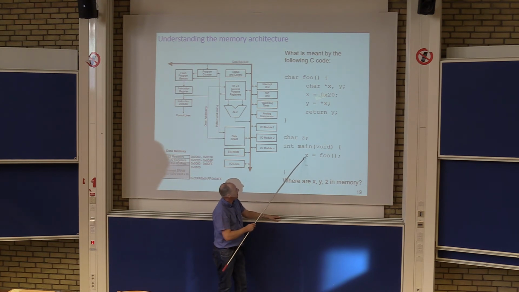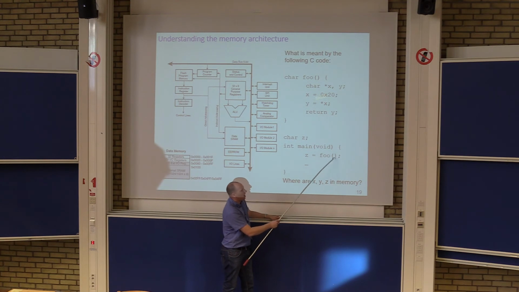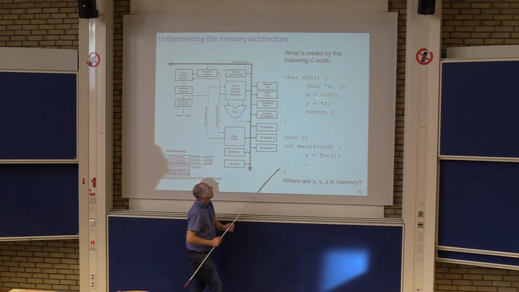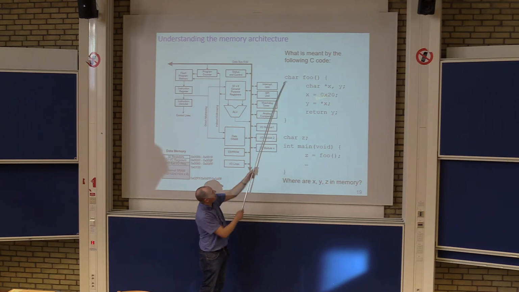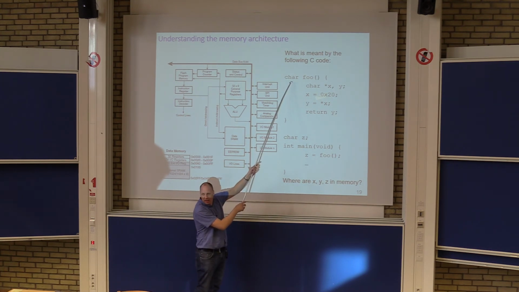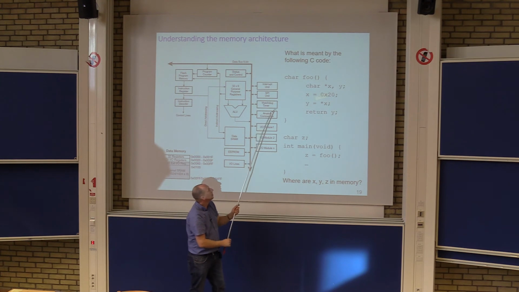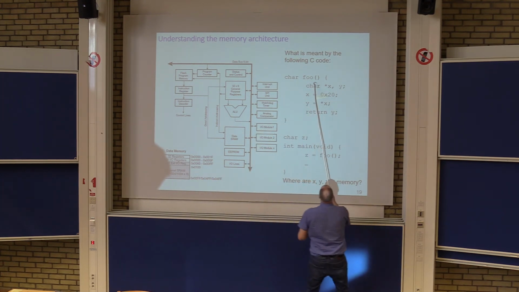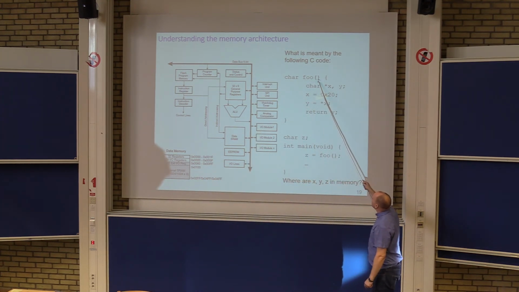In this case, we see that the variable z will be equal to the return value of the function foo. And foo is declared up here to return a character, in this case an 8-bit variable, and it doesn't take any arguments.